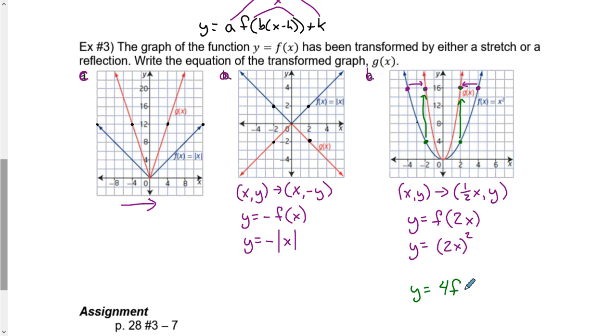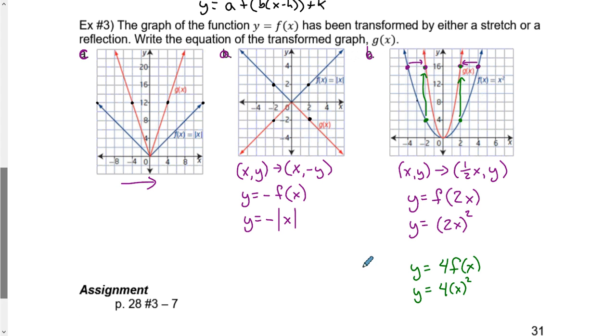So it'll be y equals 4 f of x. So in the equation, it would actually be 4x squared. Both of these say the exact same thing.